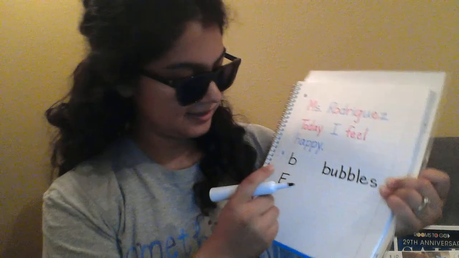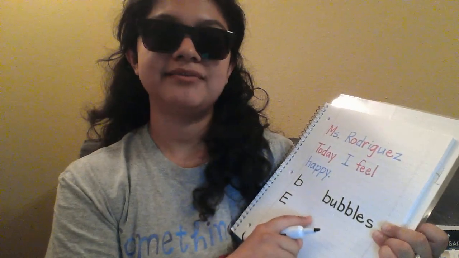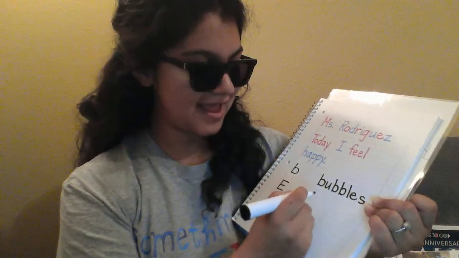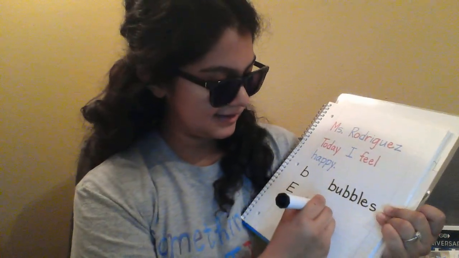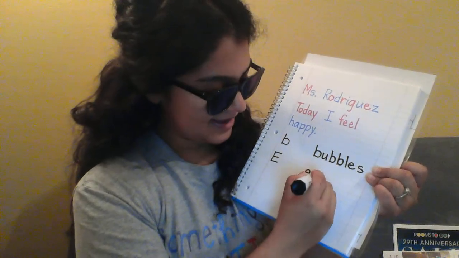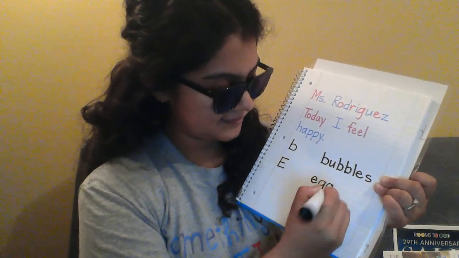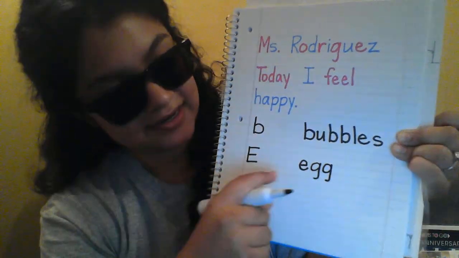So E, and I'm going to skip some room, remember. The word that I would like to write for the letter E is egg. So what letter makes the g sound? G. So egg. And the word egg has two G's right next to each other.